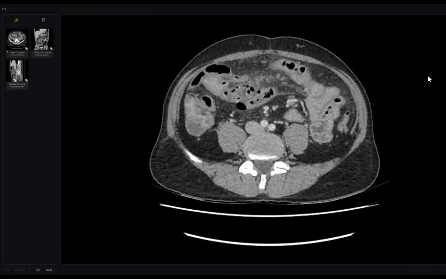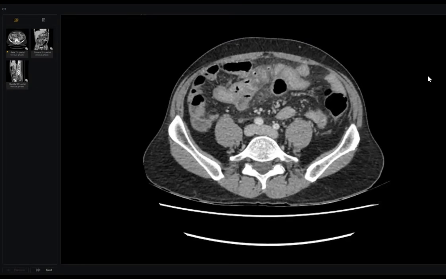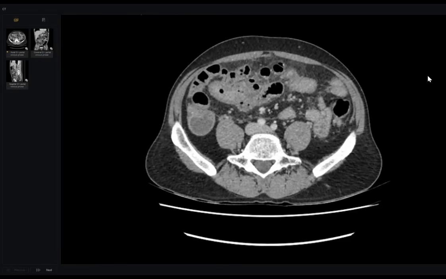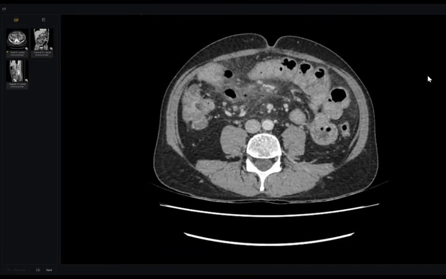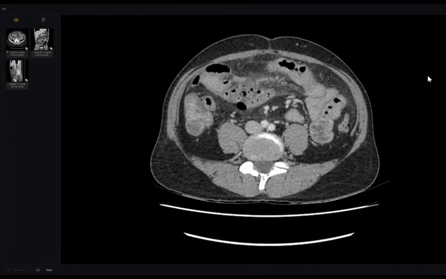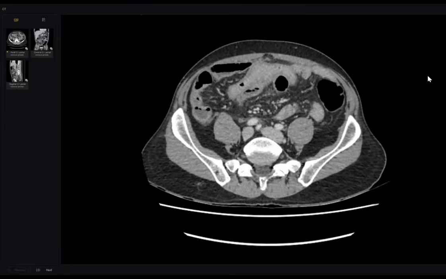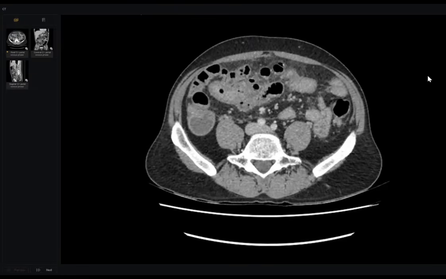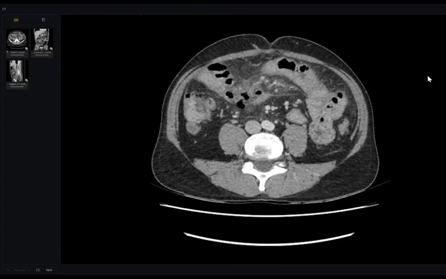There is misty mesentery and congestion of mesentery with marked thickening of the bowel loops, likely the transverse colon, with associated significant fat stranding, and the adjacent small bowel loops are also slightly thickened. This misty mesentery is encasing the mesenteric vessels, and few small volume lymph nodes are also seen in it.